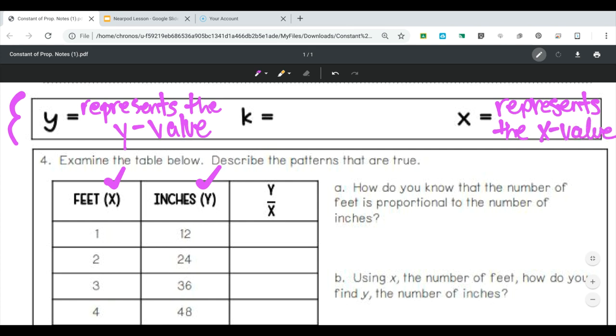And we said that K equals the constant of proportionality. Okay, and remember, our formula to find that is K equals, what is it again? Y over X.